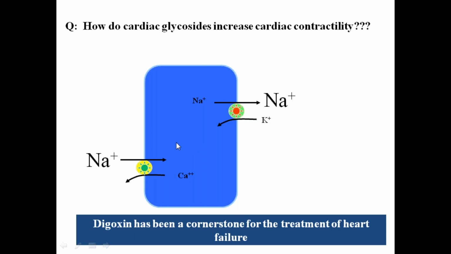Because of this decrease in sodium level inside the cell, there is always a gradient for sodium to enter from outside to the inside of the cell. And this gradient is utilized by the sodium calcium exchanger. Because of that, 3 sodium are pumped in and 1 calcium is pumped out.